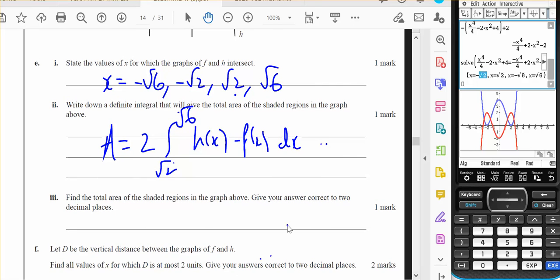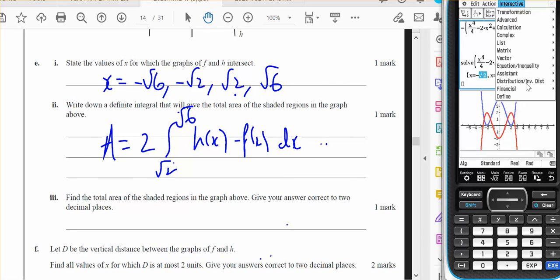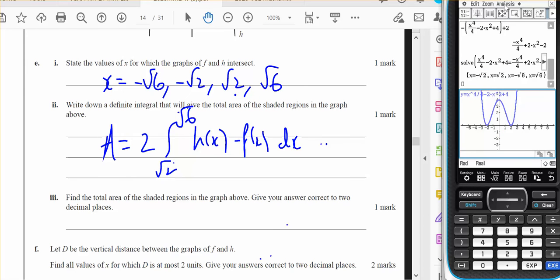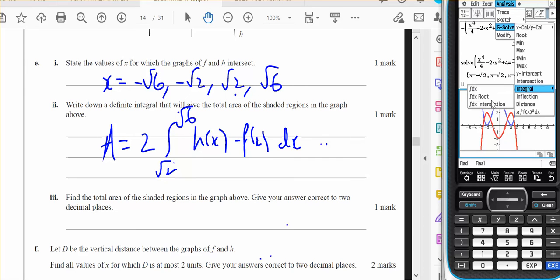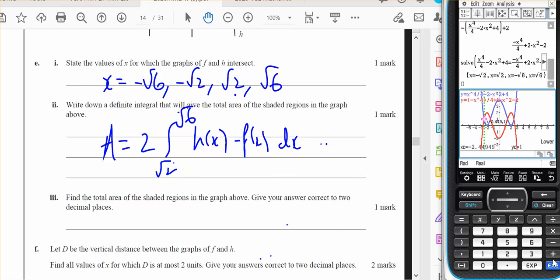Find the total area correct to 2 decimal places. If I go interactive, analysis, G-solve, integral, from intersection, I'll accept the first one. I'll accept the second one.